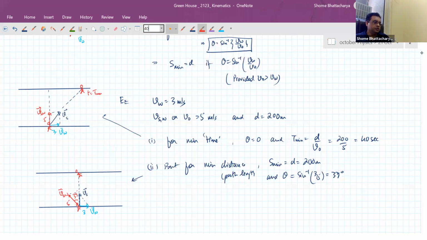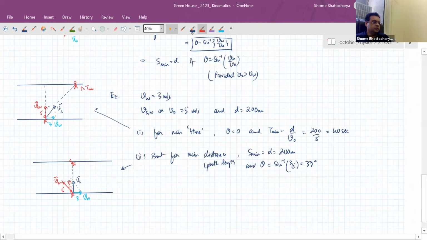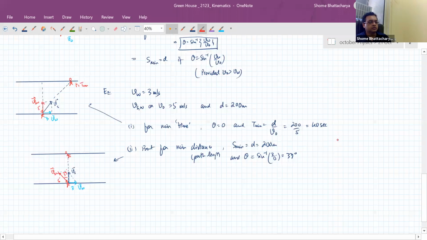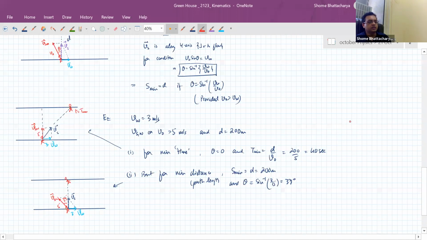So the important thing also here is that in this particular case, you can see that his displacement will be this, where this width is d.